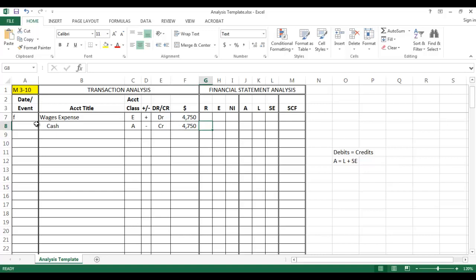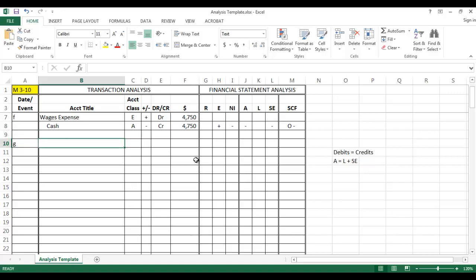Now on the income statement, this would have the effect of increasing our expenses, which would decrease our net income. Our assets have decreased, and our equity will decrease due to that decrease in net income. On the statement of cash flows, we'll simply call this an operating outflow, and we're finished with letter F.